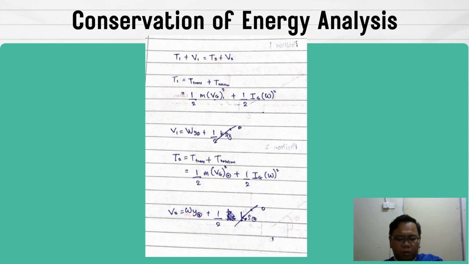For the first equation, the kinetic energy is 1/2 m vG square 1 plus 1/2 I_G omega square. For V1, we also need to find W y1, because there is no spring in the motion, we can eliminate that term. For T2, it is the same: 1/2 m vG square 2 plus 1/2 I_G omega square.